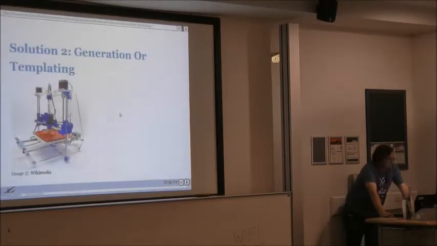The second kind of solution is to generate your XForms. So instead of writing your XForm by hand, you generate it, or you use what can be called a templating approach. In fact, I classify templating as a way to generate XForms. Yeah, this is a 3D printer because it's a modern way of doing generation.